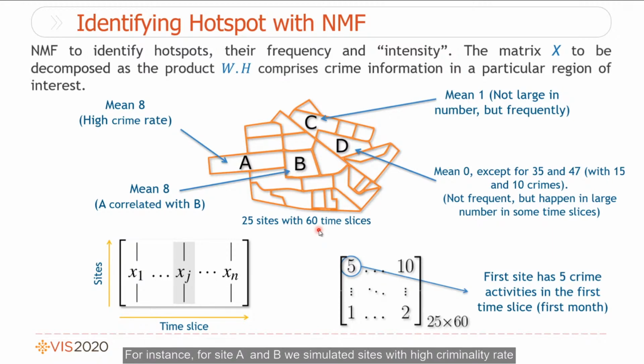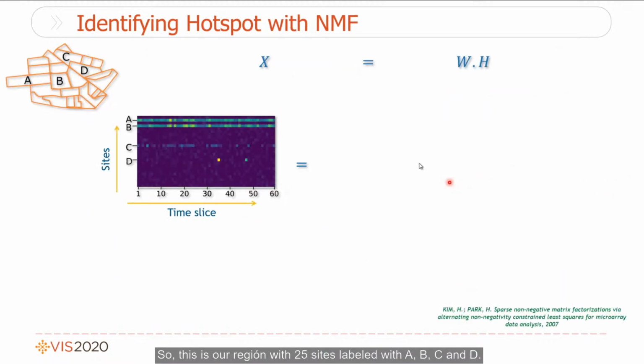For sites A and B, we simulated sites with high criminality rate. For site C, we modeled a site where it is not high, but it is very frequent. Finally, for site D, we modeled a site where the criminality is low, but there are some months with really high criminality. So, this is our region with 25 sites, labeled A, B, C, and D.